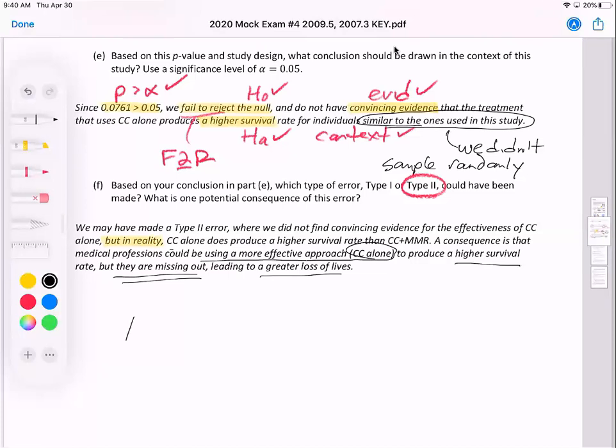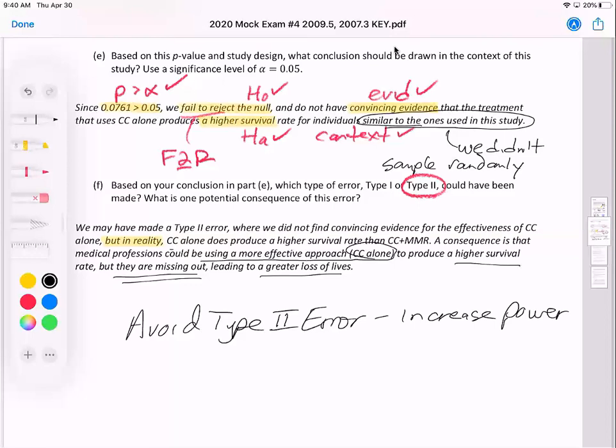If we want to avoid type 2 error, we don't want to miss out on an effective treatment. Something we would talk about is we'd want to increase the power of the significance test. So, just to review, the 3 ways to increase power. You can increase your alpha level, and increasing your alpha level allows you to reject the null more easily, so then you'll be more likely to find a treatment that is effective. Another thing you could do is increase your sample size.